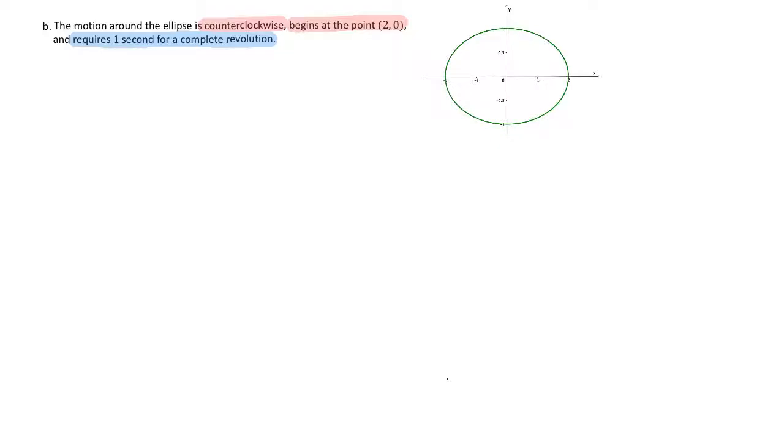When the period is 2 pi, hopefully you already know the correct parametrization for this ellipse. So let's write that down. We just used it in part A and we developed these parametric equations before part A. So when the period is equal to 2 pi, you already know that the set of parametric equations are equal to a times the cosine of t, comma, b times the sine of t.